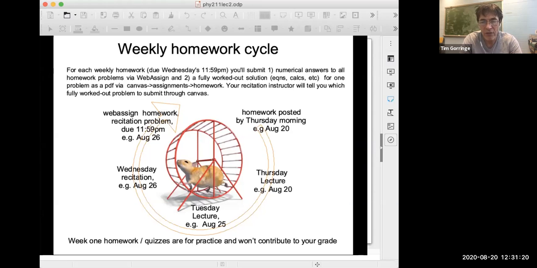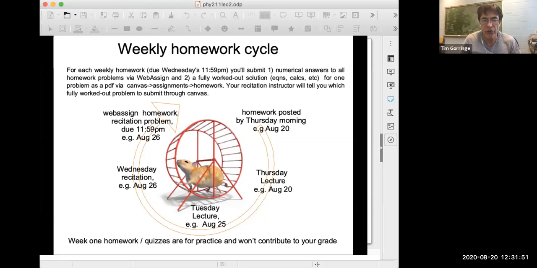I wanted to just remind you about the homework cycle and the way the homework cycle works, because I got some questions after I described it on Tuesday, and probably I didn't describe it that clearly on Tuesday. So on Wednesdays, the homework is collected at midnight in two different forms.